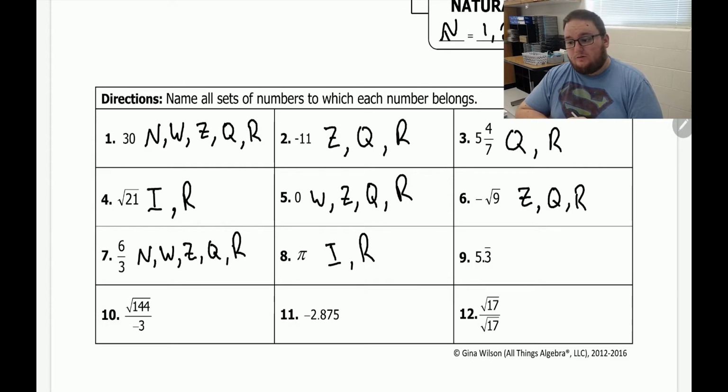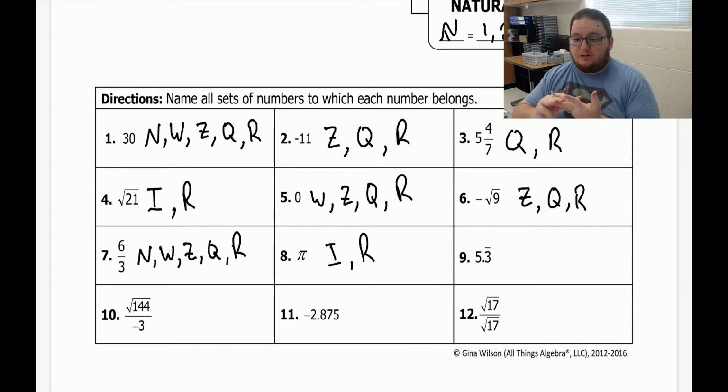Number 9, we have 5.3 with a line over it. That line means that it keeps repeating, so it's actually 5.3333333 for infinity. What quality does that give us? Well, we said that irrationals have decimals that never end and have no repeating pattern.